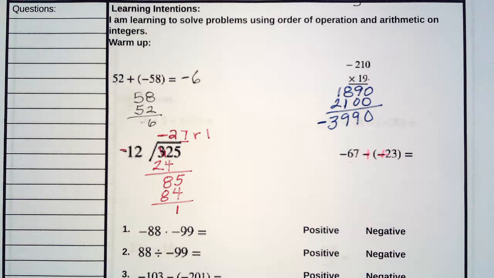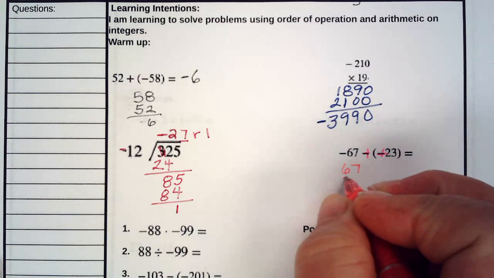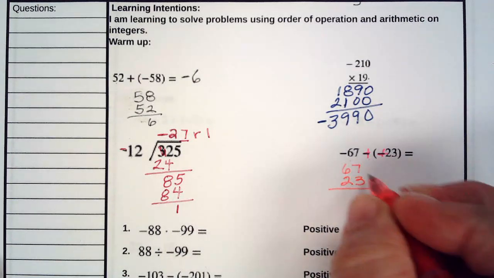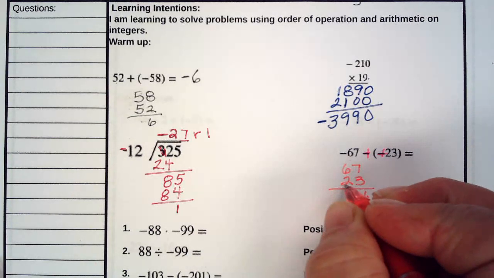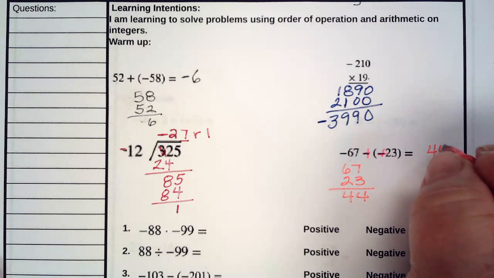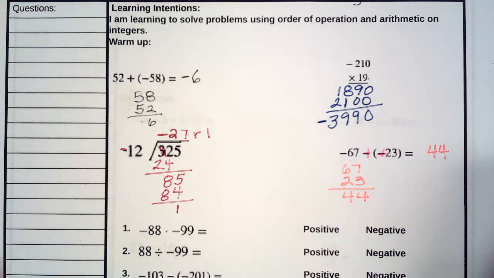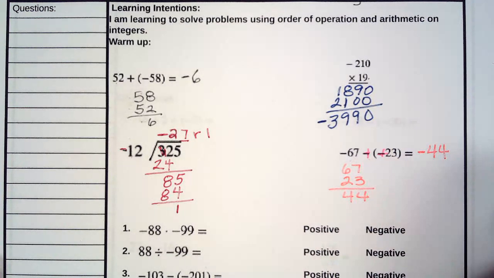They are opposite signs, which means I have to find their difference. 67 and 23. 7 minus 3 is 4. 6 minus 2 is 4. Okay, now which is bigger, 67 or 23? 67's bigger, so this is a negative 44.